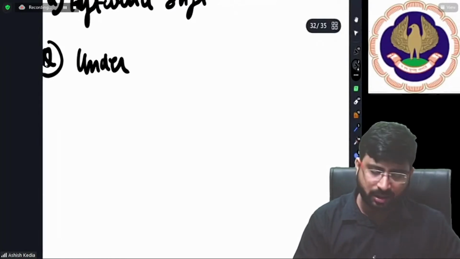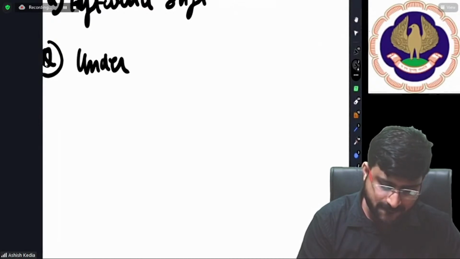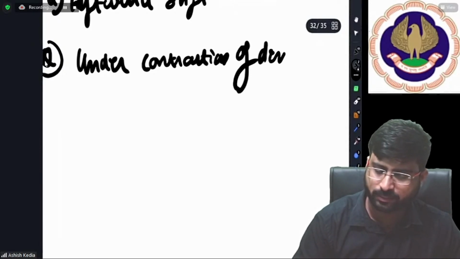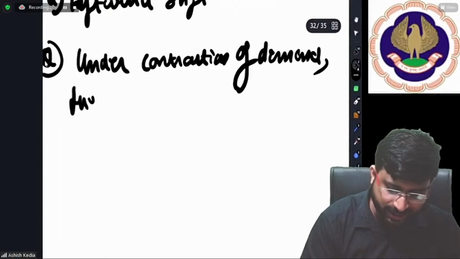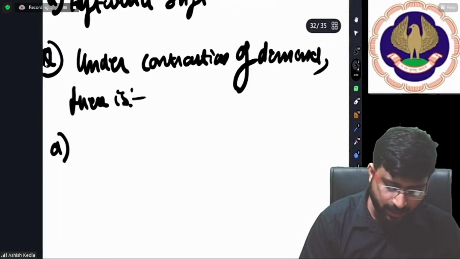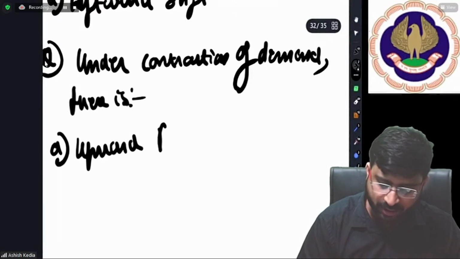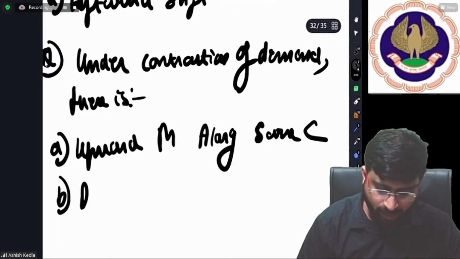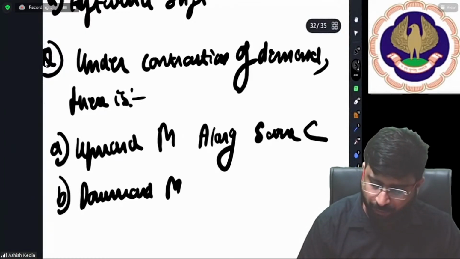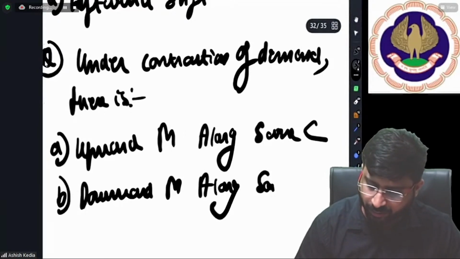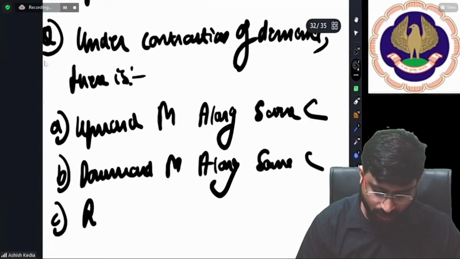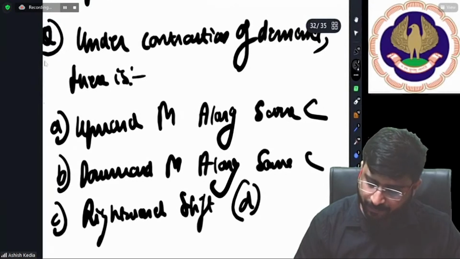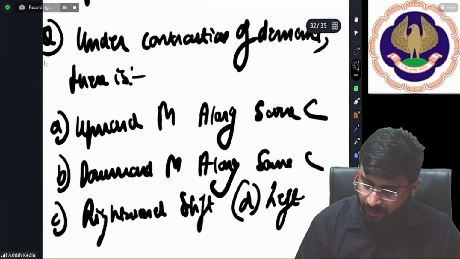Under contraction of demand, there is A, upward movement along the same curve, B, downward movement along same curve, C, rightward shift, D, leftward shift.